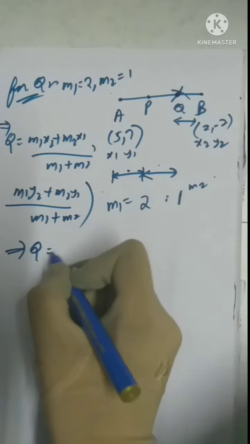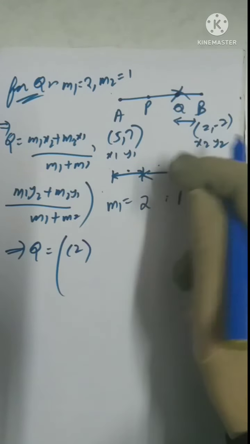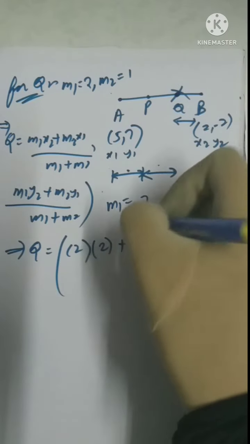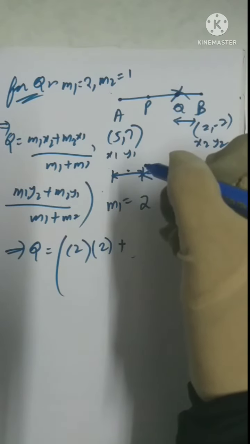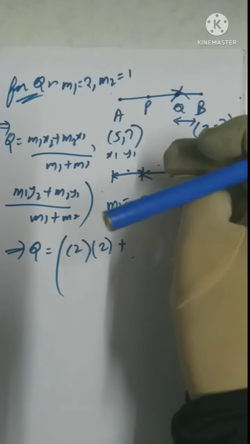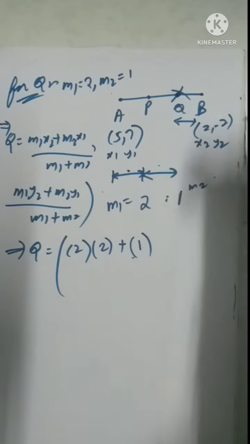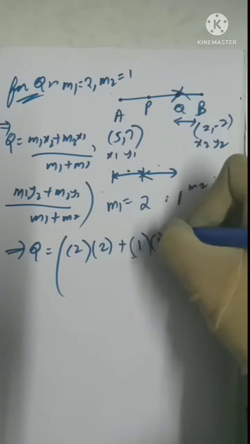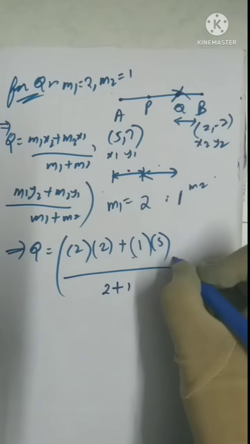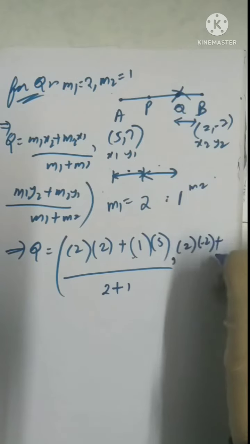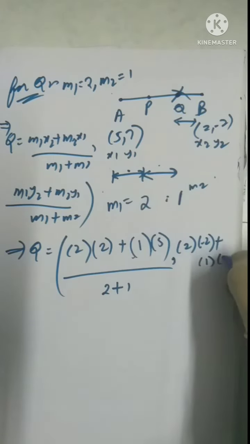So we have Q is equal to, what is m1 we have? 2 into what is x2? 2, plus m2. m2 here is 1 into x1. x1 is 5, by m1 plus m2, that is 2 plus 1, comma m1 y2, m1 is 2 into y2 is -2, plus m2 y1, m2 is 1 and y1 is 7, by m1 plus m2.